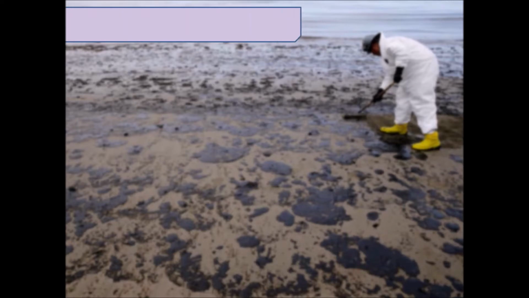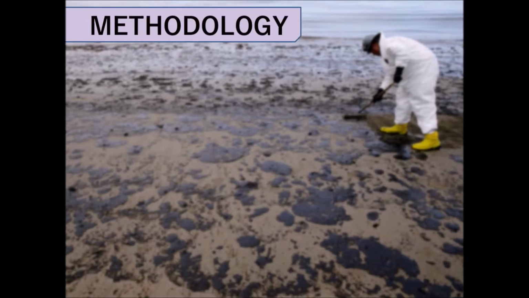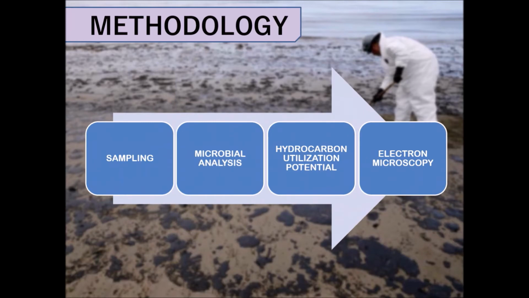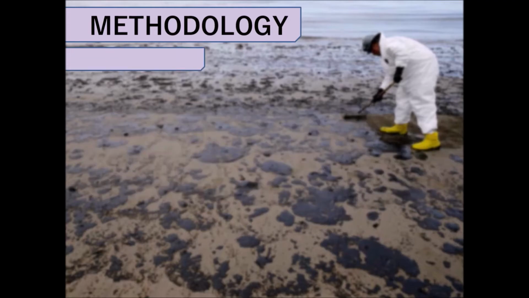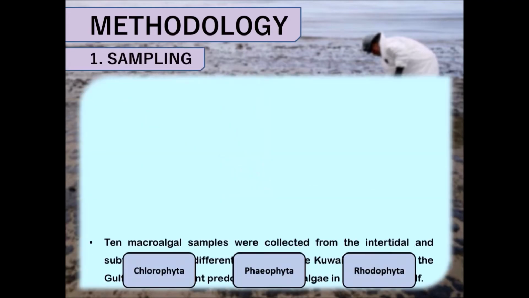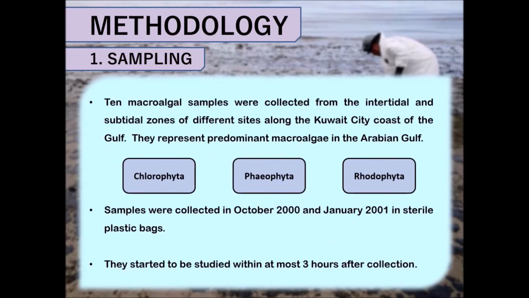The methodology of this research consists of sampling, microbial analysis, hydrocarbon utilization potential, and electron microscopy. Firstly, 10 macroalgae samples were collected. They are from the divisions Chlorophyta, Phaeophyta, and Rhodophyta. They represent predominant macroalgae in the Arabian Gulf.